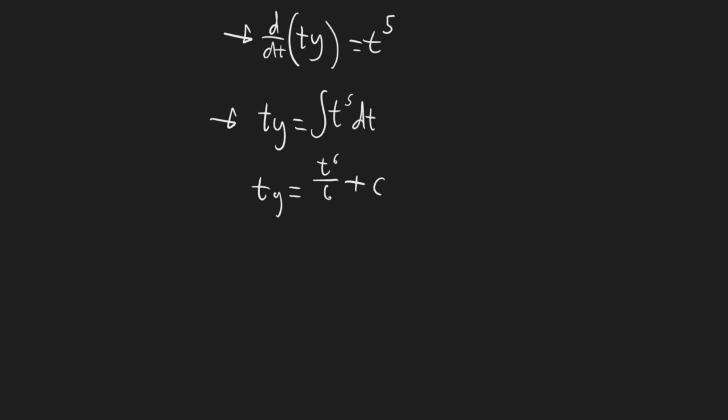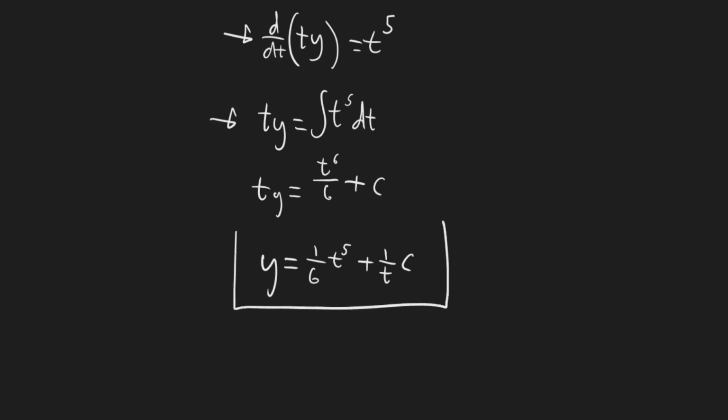Of course, the whole goal here is to solve for y, and now it's just like any other algebraic equation that we've ever seen before. So we just divide by t. So this will say y equals t to the 6th over t times 1/6, but we can just cancel 1 t. So this will be 1/6 t to the 5th plus c times 1 over t. And so this is our final answer for what is y.